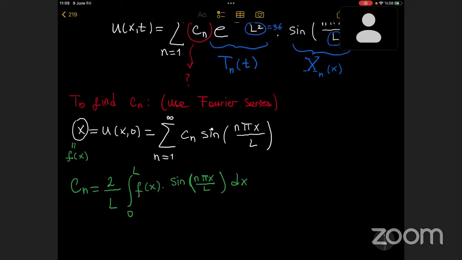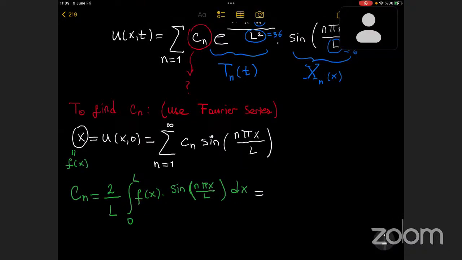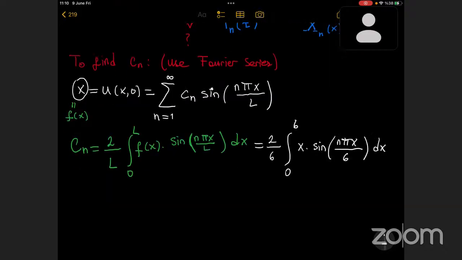We can compute this. L is what? L is 6. So 2 over 6 integral 0 to 6. Okay. And f of x is x times sine n pi x over 6 dx. I will not do this integration. You can do it easily.